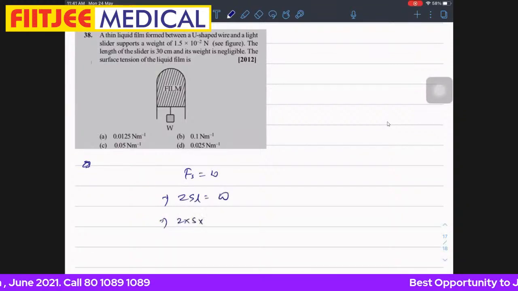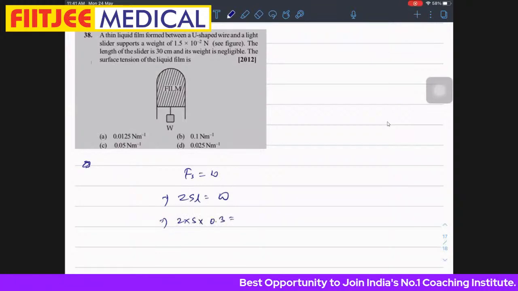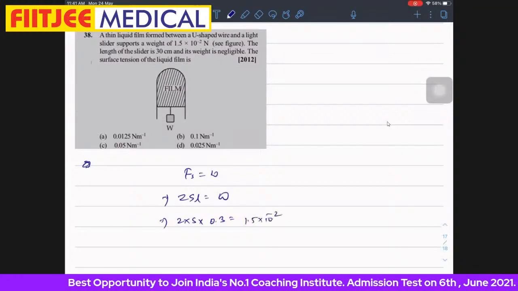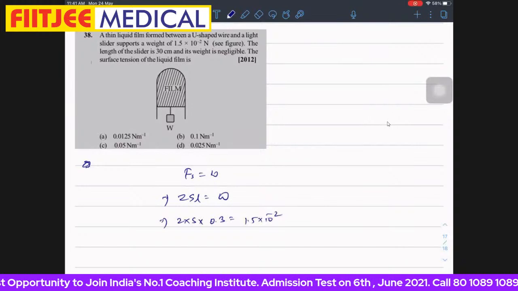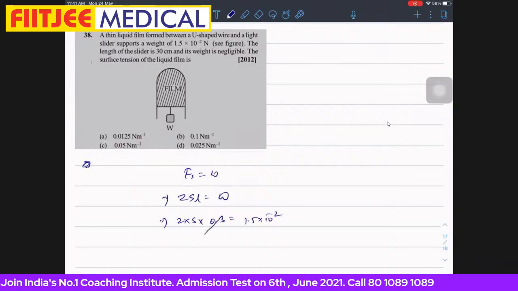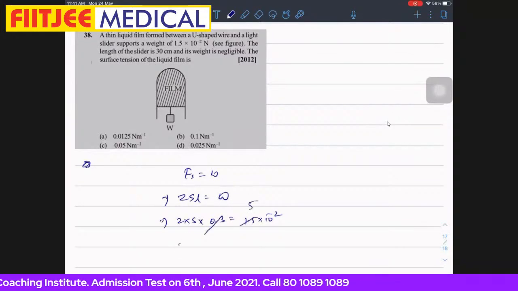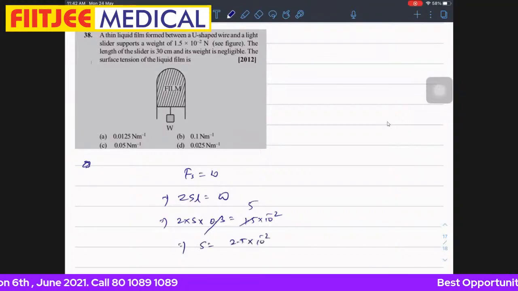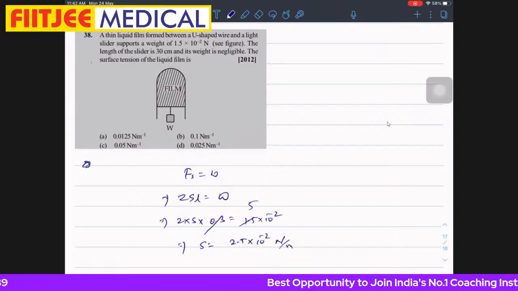So 2 into S, the length given is 30 centimeters, so 0.3, equals the weight 1.5 into 10 to the power minus 2. So S will become 2.5 into 10 to the power minus 2, and the unit of surface tension is Newton per meter. So the correct option is option D.